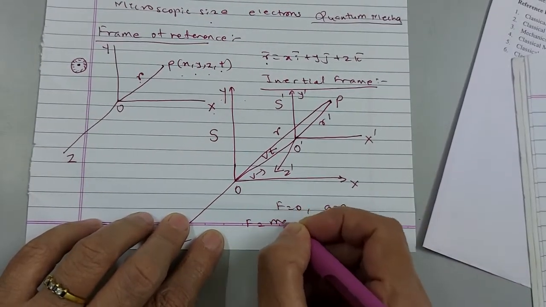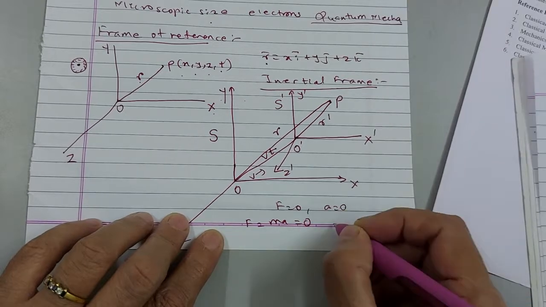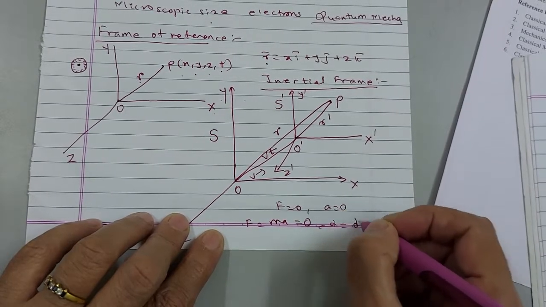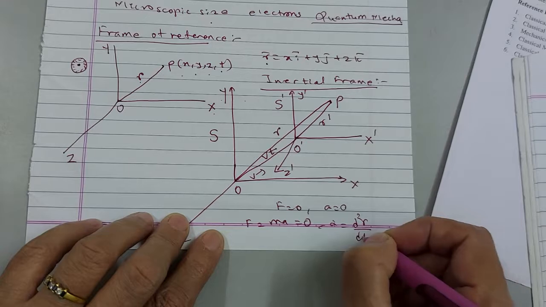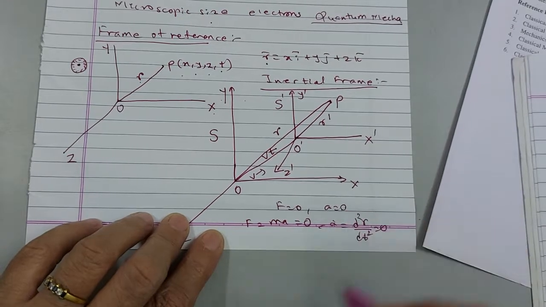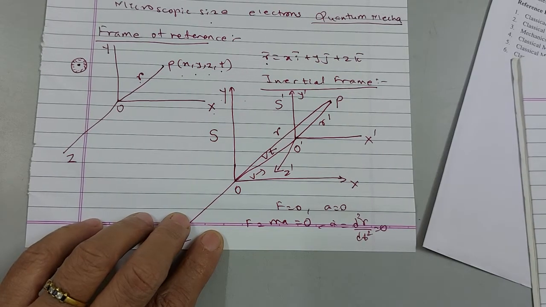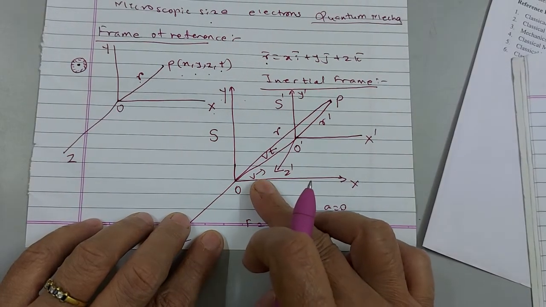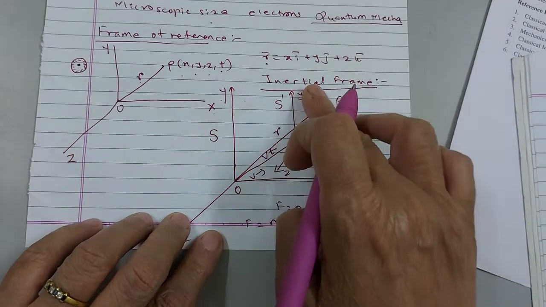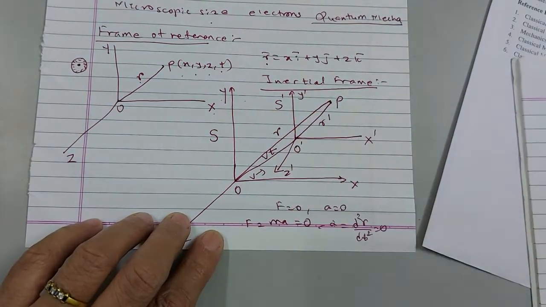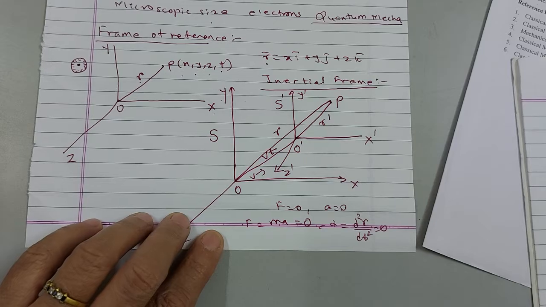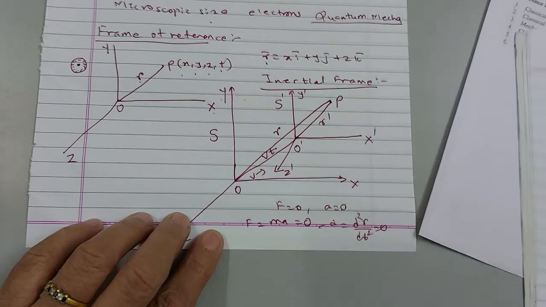F is equal to ma, suppose F is equal to 0, and what is acceleration? It is d2r by dt square, and even that is 0 because we say A is 0. So all those frames which are moving with constant velocity relative to an inertial frame are all inertial. That's what we have understood over here.